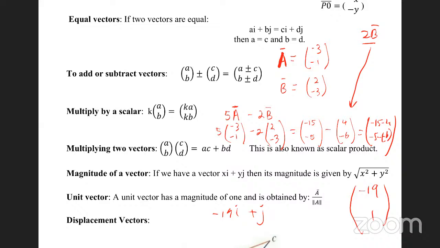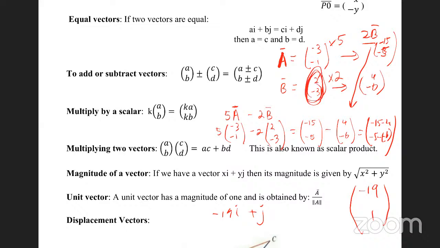Yeah, Imran. Won't it be plus 6? Right, so watch here. Multiply this by 5. Multiply this by 2. So if you do it this way again, 4, minus 6. Here will be minus 15, minus 5. Okay, so you're multiplying this vector here by 2.